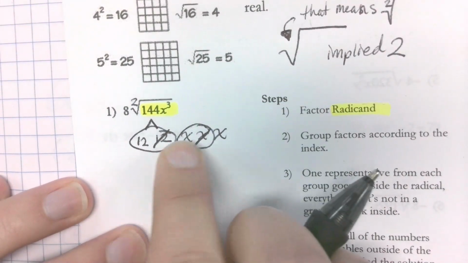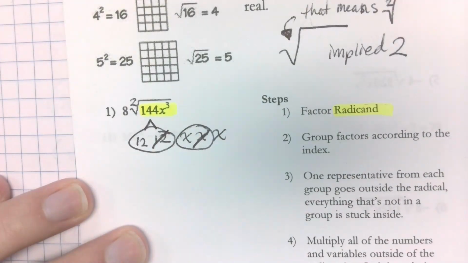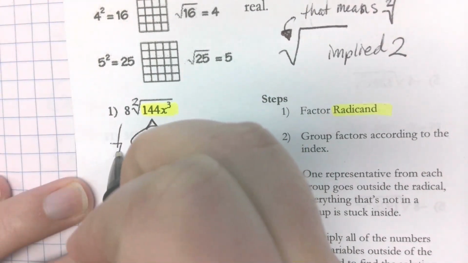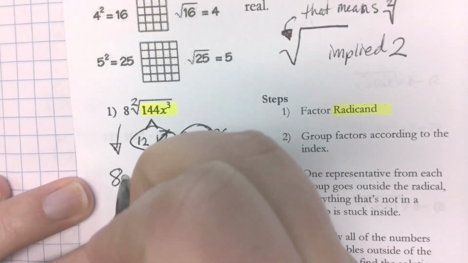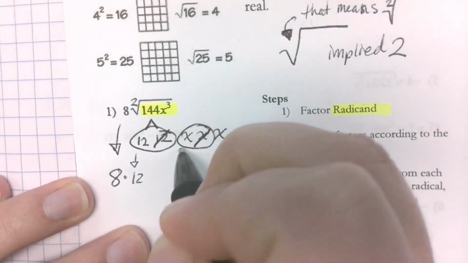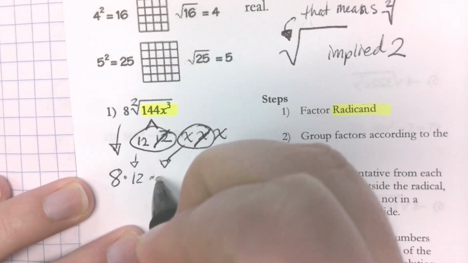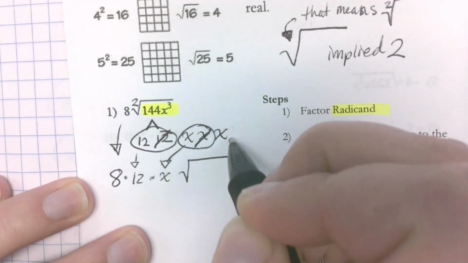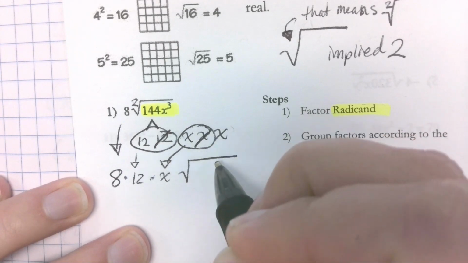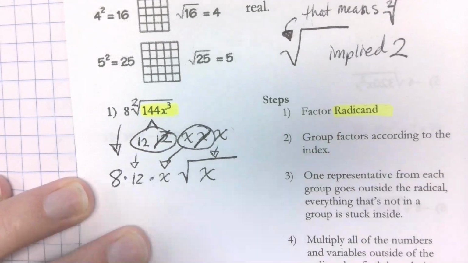So the 12 is going to stay, 1 X is going to stay. The 8's going to be on the outside still. The 12 comes outside. This X comes outside. The square root is there. And then see how this X doesn't have any friends? He wasn't in a group. He's still stuck in the house.